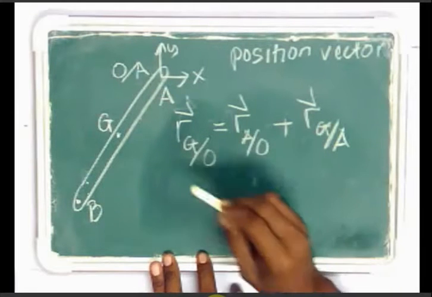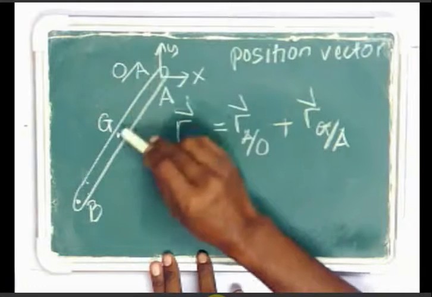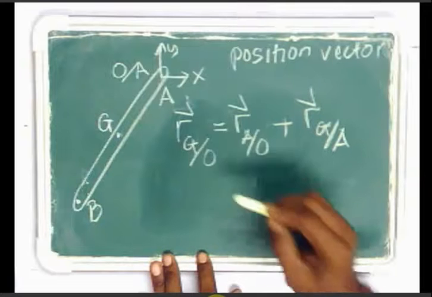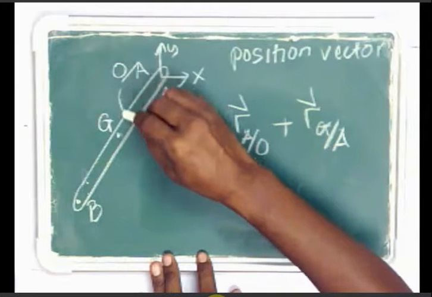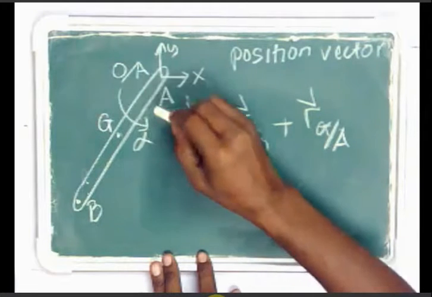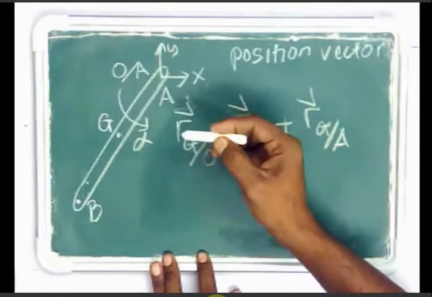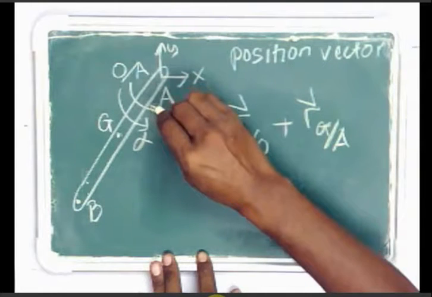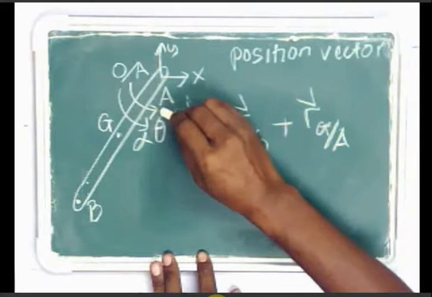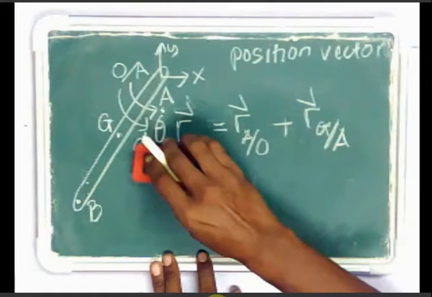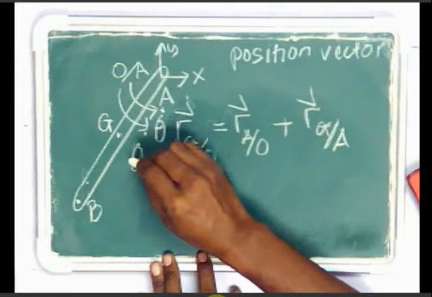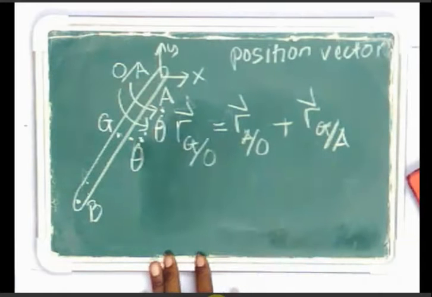And if we look at the problem that we're going to solve, we are required to evaluate the angular acceleration, and for the kinematics of the rigid body, we also want to evaluate the angular speed, right?